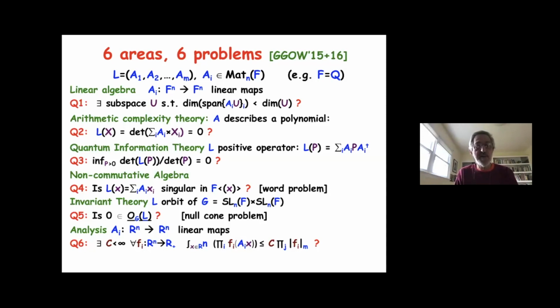For example, the fourth problem, which is basically our singularity problem, is related to the word problem in non-commutative fields. Maybe the most basic problem about any algebraic structure, whether two objects in it are identical or not. And the sixth problem, well, let me make my point first.